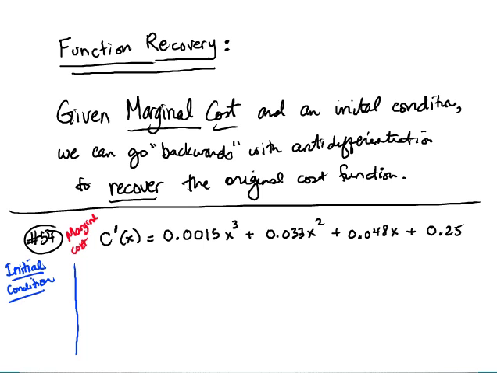And our initial condition is that 10 units cost, in other words, it costs $25 to make 10 units of this particular product. And with that information, we can go backwards and find the total cost function. We know marginal cost in this case, and we want to go backwards to find the total cost function.